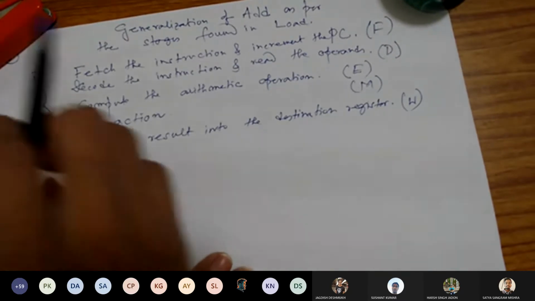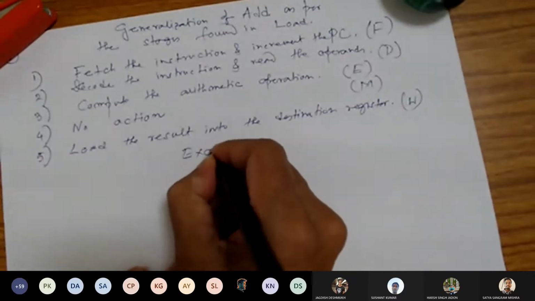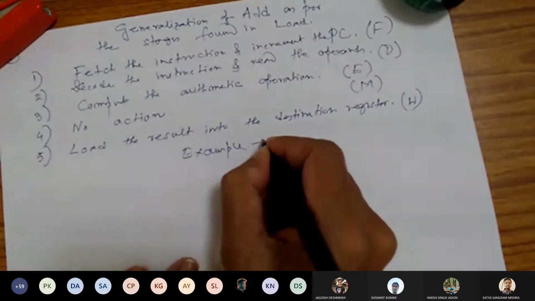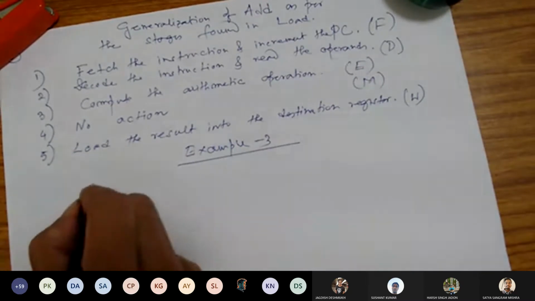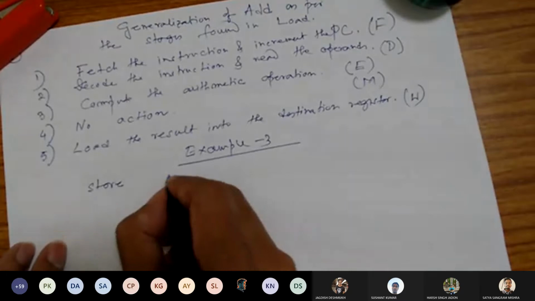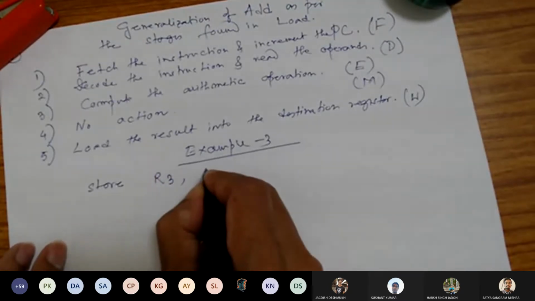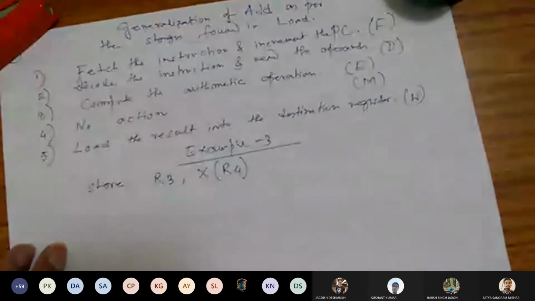Okay, so now let's go ahead with the example 3. It's a store instruction. Store R3, X(R4). You know the meaning of this.